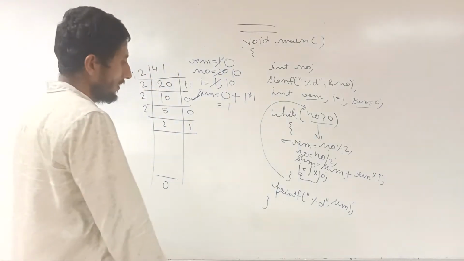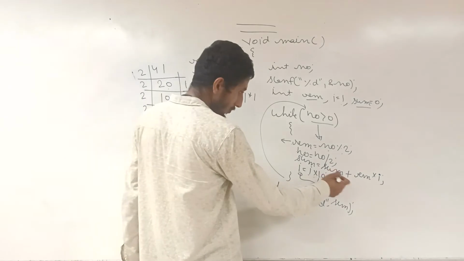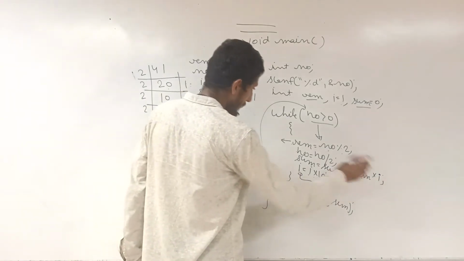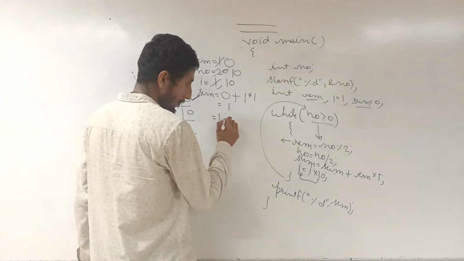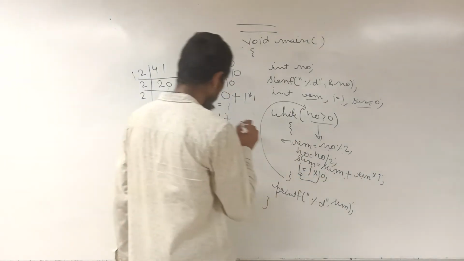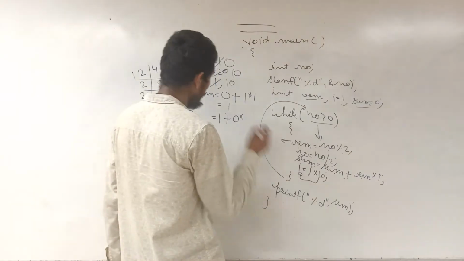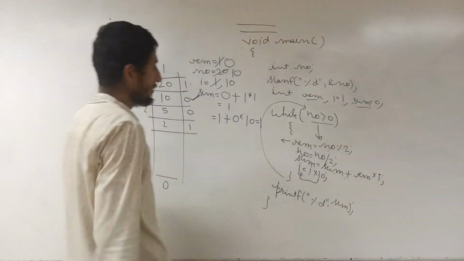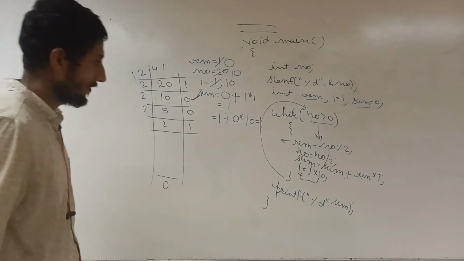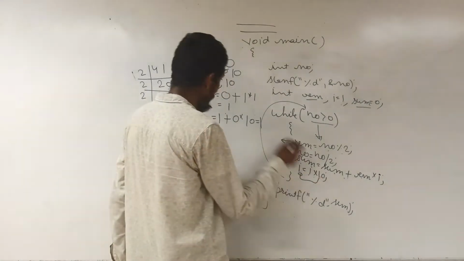Then execute the third line: sum equals sum plus remainder multiplied by I. Sum is 1 plus remainder 0, and the value of I is 10. So it will remain 1. Then the value of I has been increased to 100.